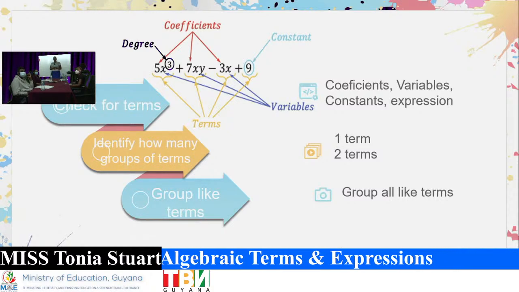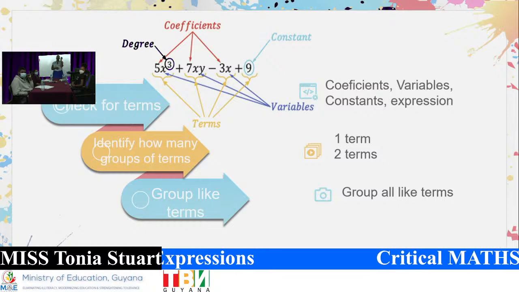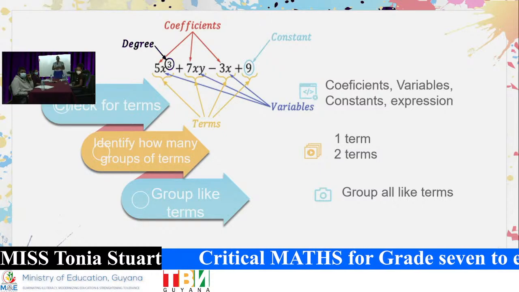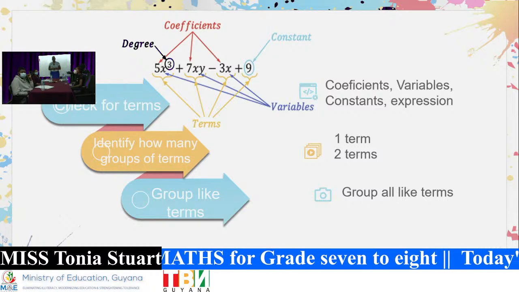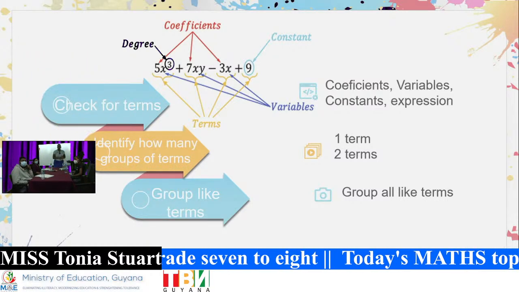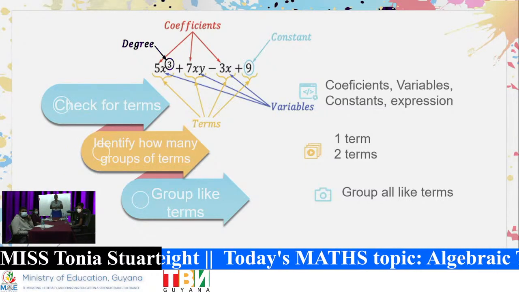The groups there, we're talking about the terms. If you notice, in the yellow, they're showing you that you have four different terms there. We have the 5x cubed, the 7xy, the 3x, and the 9. So we have four different terms because all of them are different in some way.